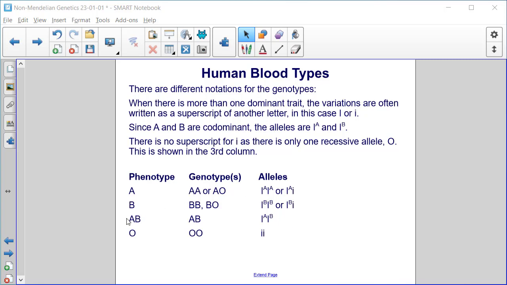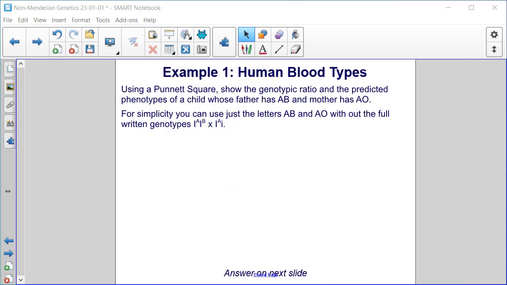It's the same for B. Now, if I'm AB, the genotype is AB, and I'm dominant in both A and B. Or if I'm O, then I'm recessive for both.